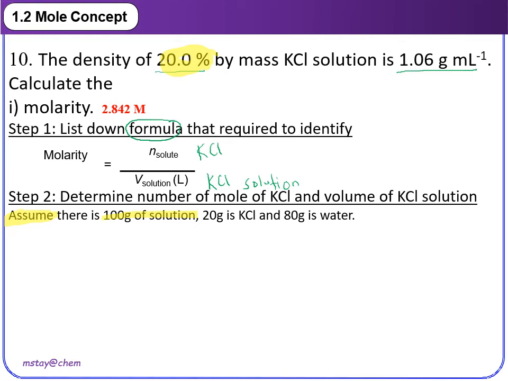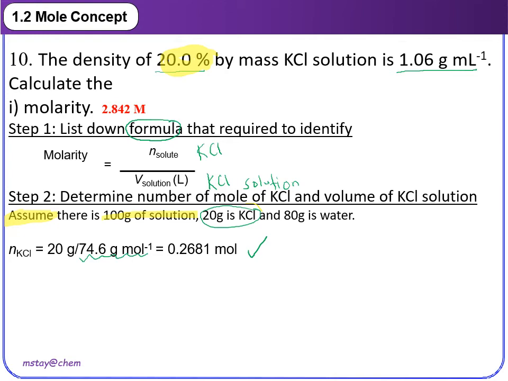With this, we have the mass of KCl, and this mass of KCl helps us identify the mole of KCl by dividing with the molar mass of KCl. So the molar mass of KCl, you have to identify it yourself, yeah? Okay, second, we need to find out the volume of the solution.